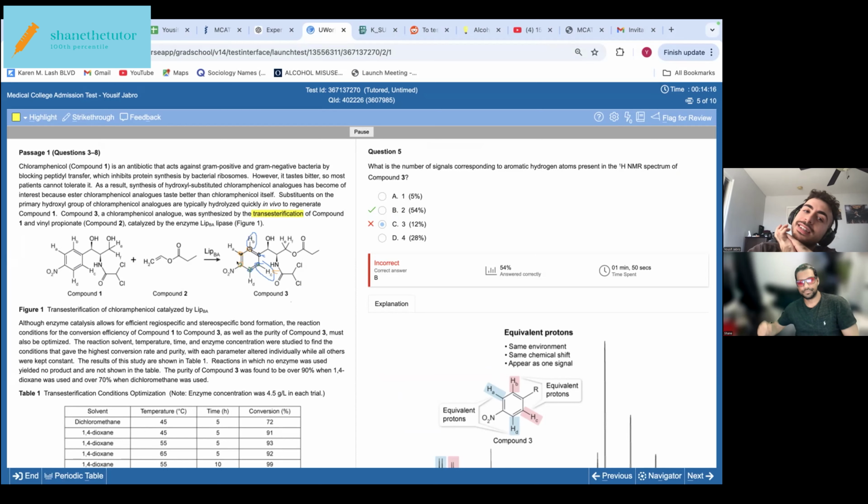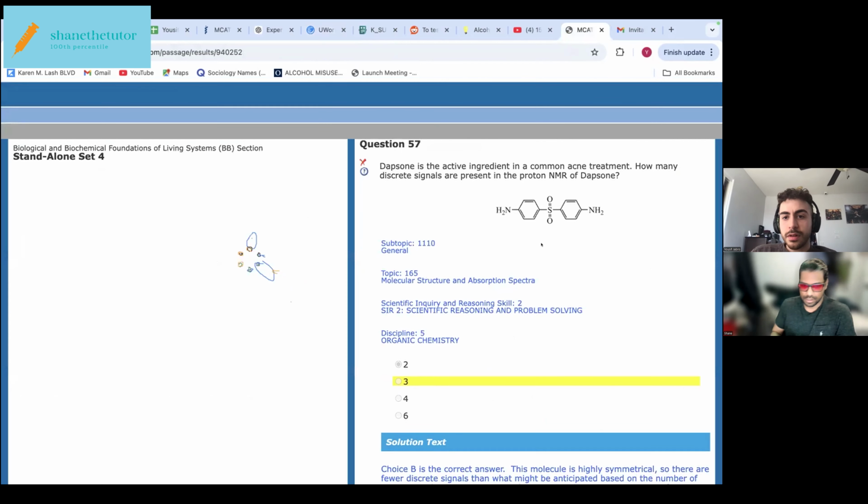Okay. And then if we were to compare it to the one we did the other day, it says how many discrete signals are present, I guess they're talking about the whole thing here. But this one they have three. So let's look at this carbon right here. It's connected to this, there's no carbon there.